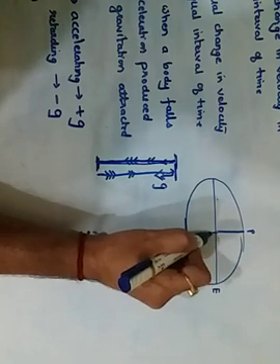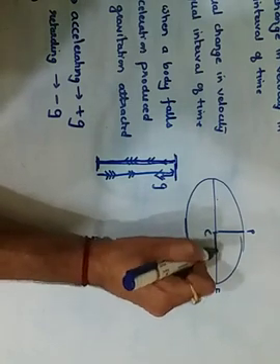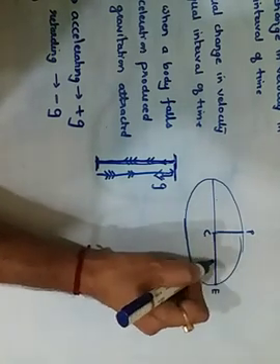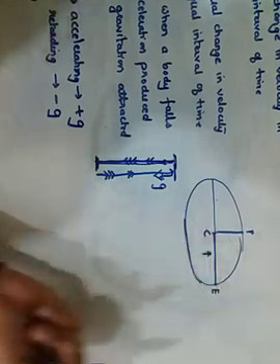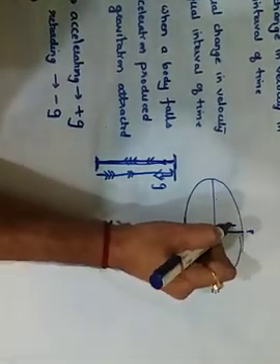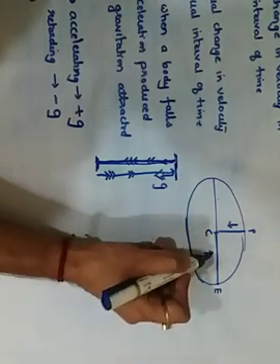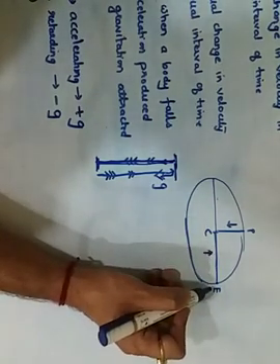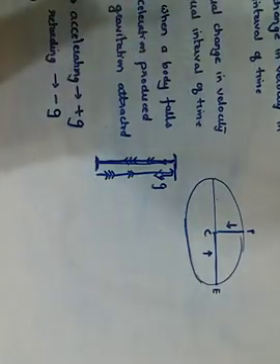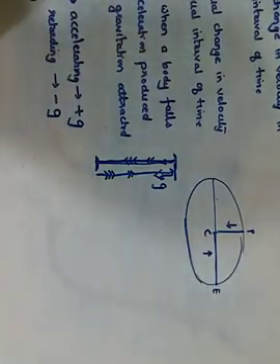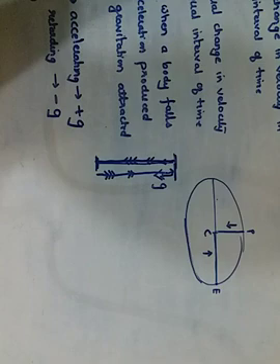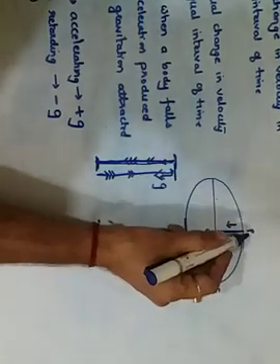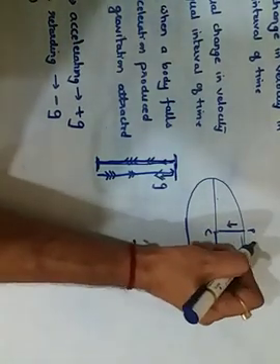Here the distance of the center of the Earth from the equator is more, and here the distance is less. The more the distance, the less the value of g. So in your textbook it is specifically mentioned in the red part that on the Earth's surface, g is maximum at the poles.